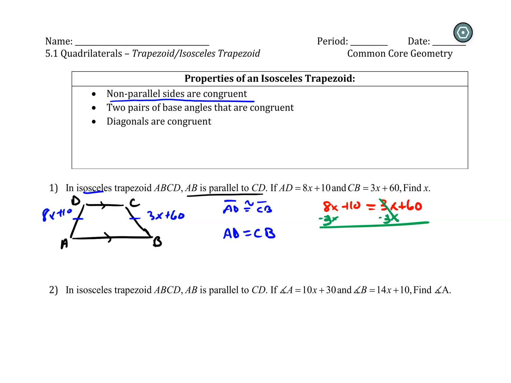That eliminates the x's on the right, giving me 5x plus 10 is equal to 60. I can then subtract the 10 over. This is going to get me 5x is equal to 50. And last but not least, I can divide each side by 5 to isolate x, which would be 10.